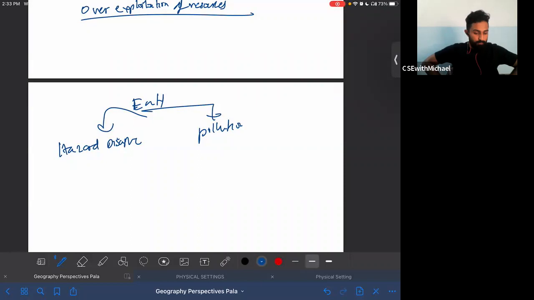Whether management should be top down or bottom up. The next dimension of confusion, whether management should be top down or bottom up, or whether it should include all areas, or should exclude some areas.